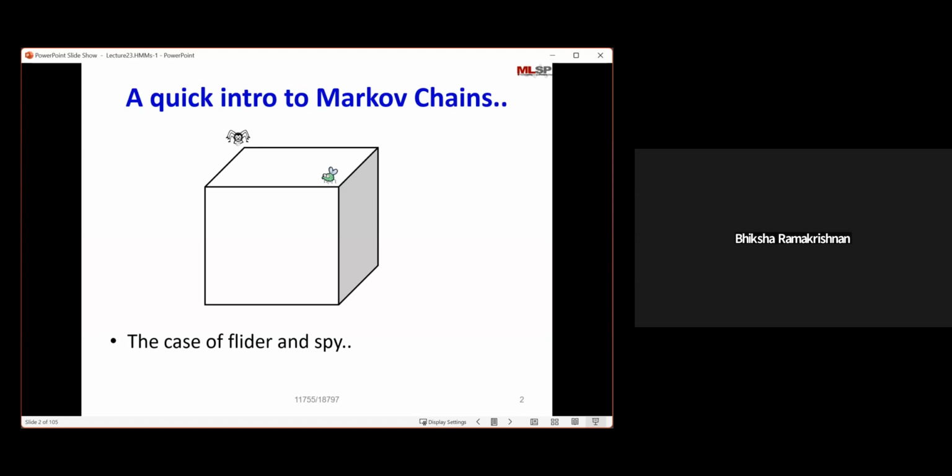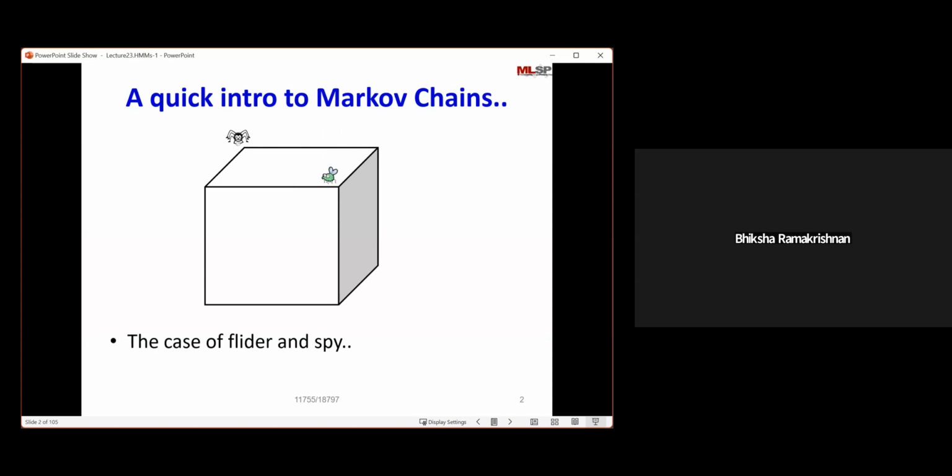So a Markov chain is typically a finite state system. In this case, there are 1, 2, 3, 4, 5, 6, 7, 8 states. And when the process is in any particular state, the future only depends on which state it is at. It doesn't depend on how it got to that state. So from any state here, for instance, it has 1/3 probability of going to each of these adjacent corners. So it's a Markov chain.